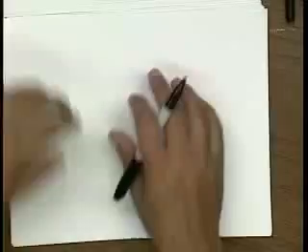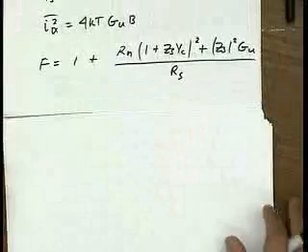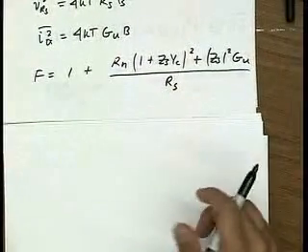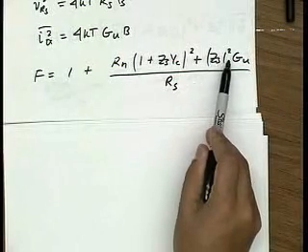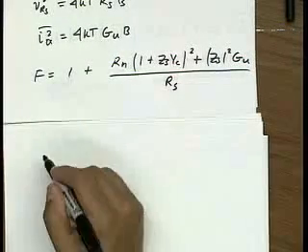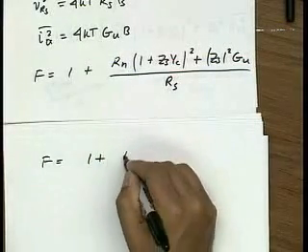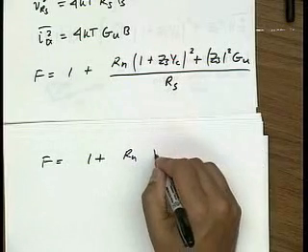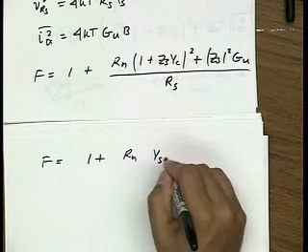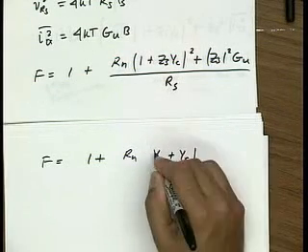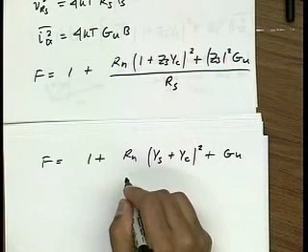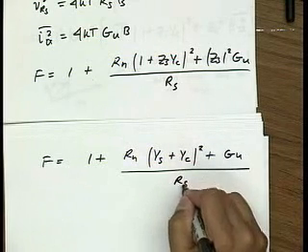Okay, what I'm going to do now is simplify this expression a little bit. I can divide through here by ZS squared, so I get F is equal to 1 plus Rn, and then I can call 1 over ZS squared Ys squared, so this would be |Ys + Yc| squared plus Gu, divided by Rs.